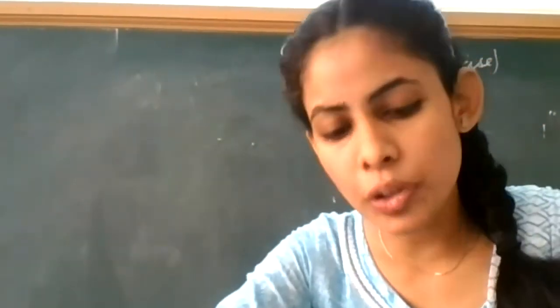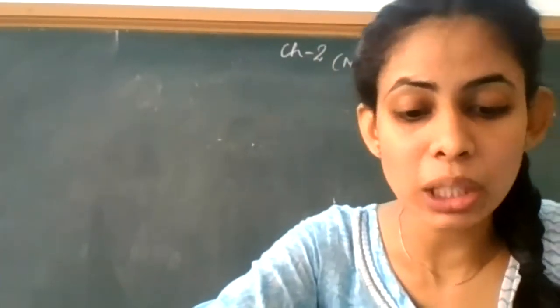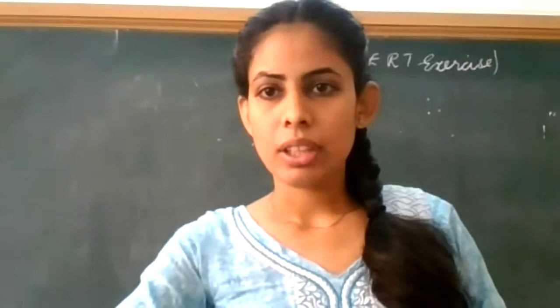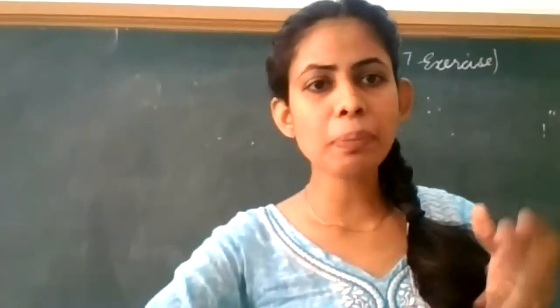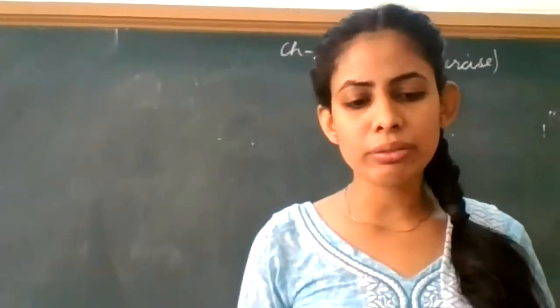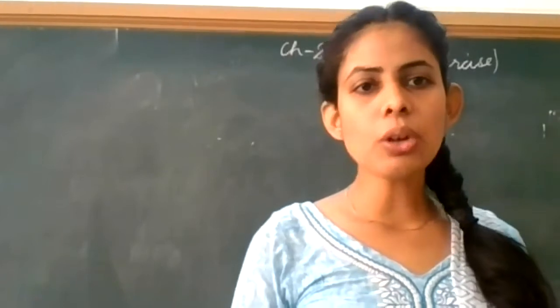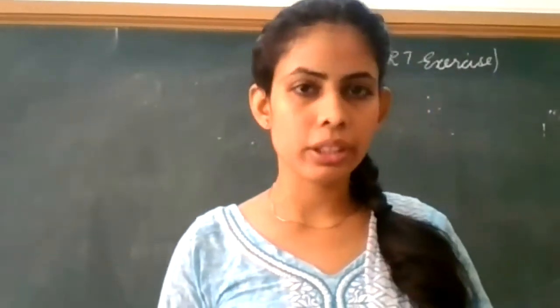Students, we will write more than one, so that you know what the similarities and differences are. One similarity and difference is not sufficient, so we will add more points into it.